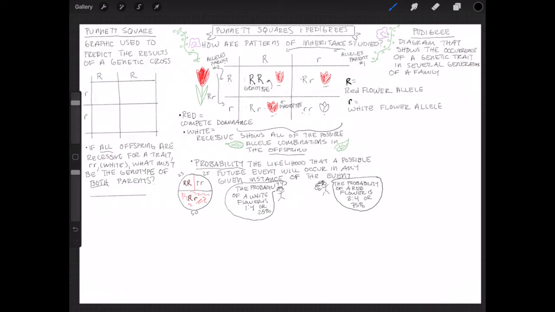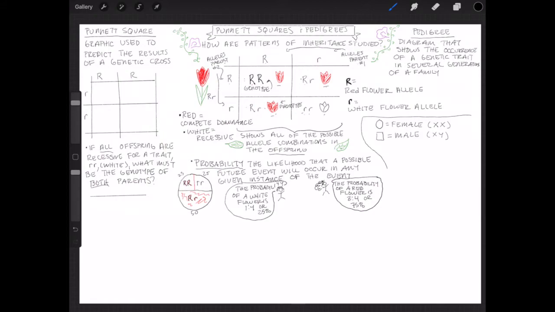Let's come back and now let's start talking again about pedigrees. So I need to make a little area here for our pedigrees. When we're looking at a pedigree diagram, anytime you see a circle, that equals a female, chromosomes XX, and the square is a male, XY, right?